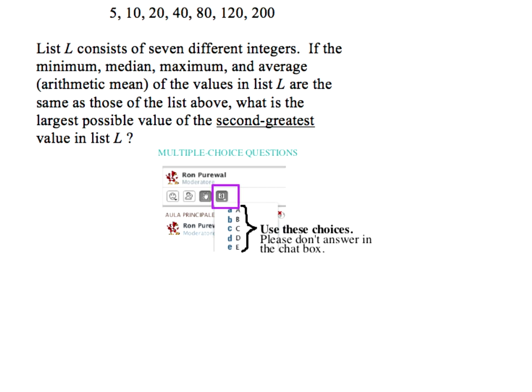The answer choices are not there. Oh, dang it. Okay, let me find those for you. That is weird. I'm not sure what happened there, because these are supposed to be single things, but oh well. Let's get you the choices for this problem. Sorry about that.